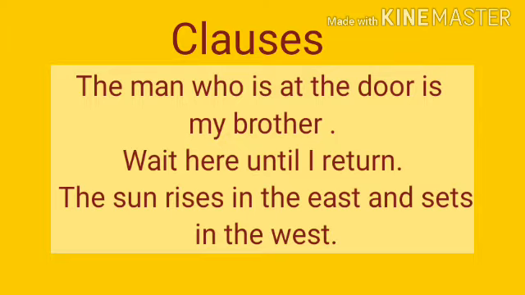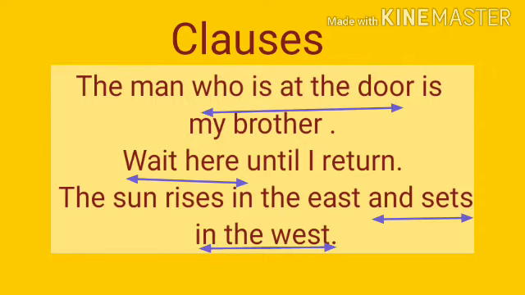Wait here until I return. The sun rises in the east and sets in the west. My dear students, the highlighted groups of words in the sentences are called clauses. Each clause has a subject and a verb.